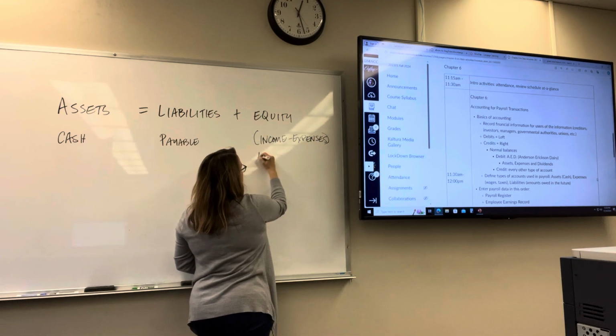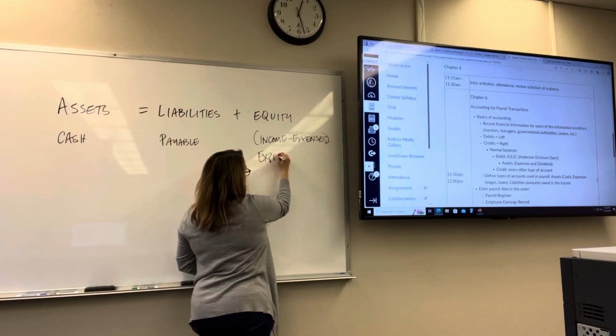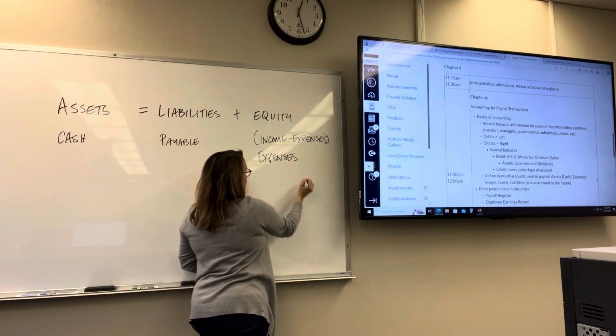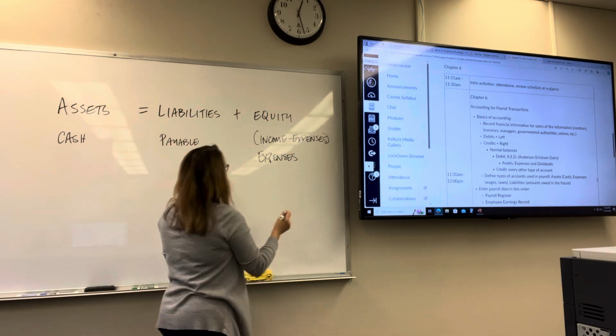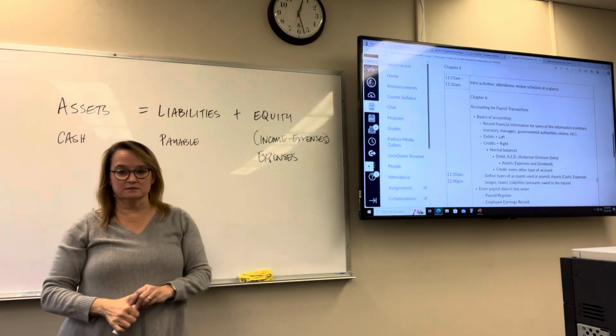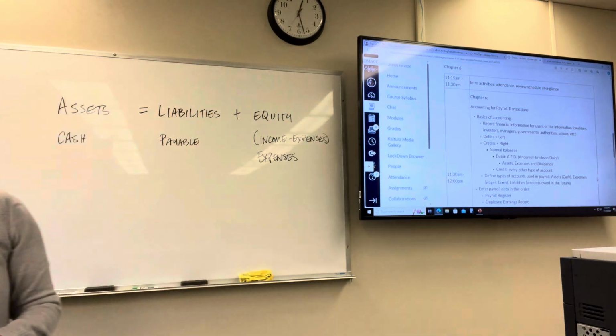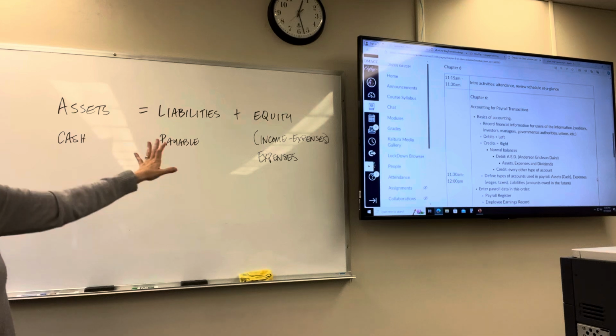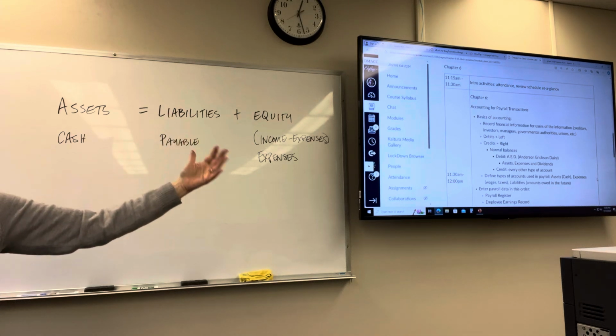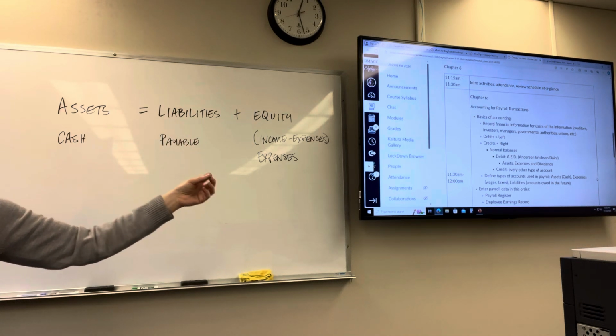So under our equity, we've got our expenses. Those would be things like wages expense, salaries expense. Those ultimately come into the equation in the form of retained earnings.